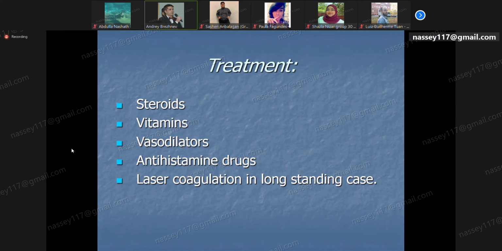Then vasodilators to increase the exchange processes in this area. We can suggest that an allergic component takes place in the pathogenesis of central serous retinopathy. So antihistamine drugs are suitable for this group of persons. And in long-standing cases, we can use laser coagulation.